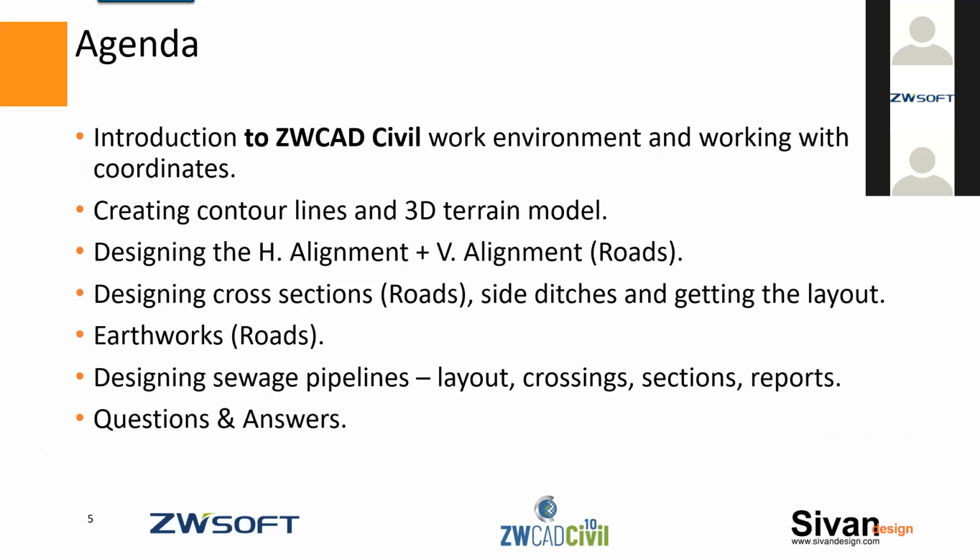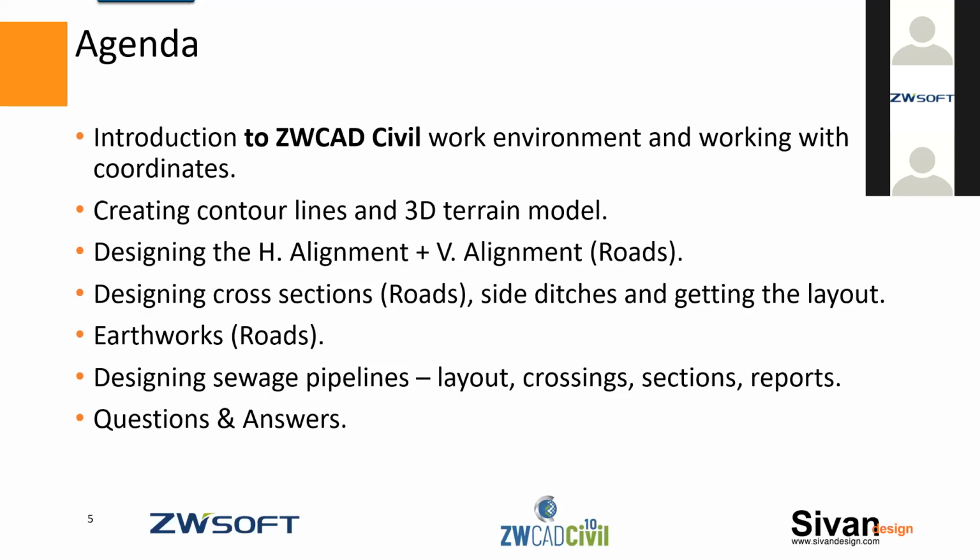In the agenda, I'm going to start with a general introduction to ZWCAD Civil, what it can do and how the system works. I will continue by creating contour lines and a 3D terrain. Then I will design horizontal and vertical alignments of roads, and go into an example of detailed design with cross sections, getting the layout and the corridor. I'll generate some earthworks reports, and then design sewage pipelines.